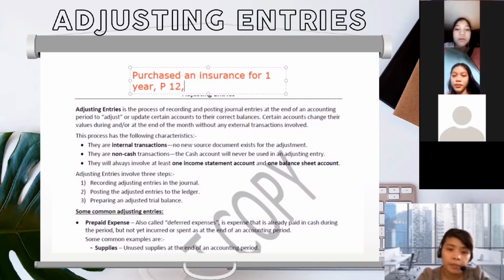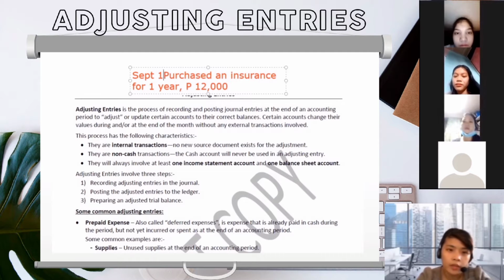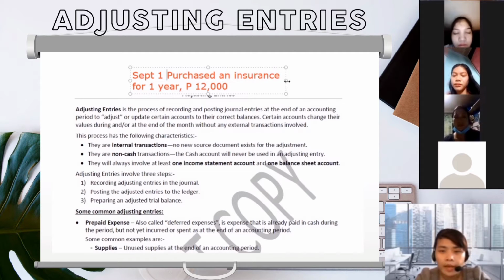For example, this transaction happened last September 1.